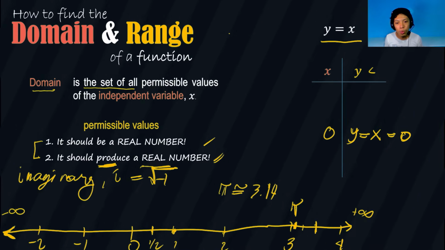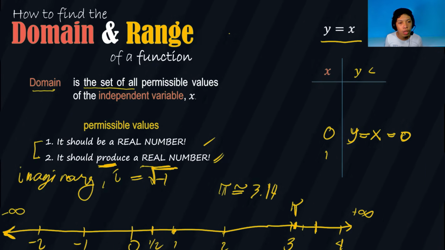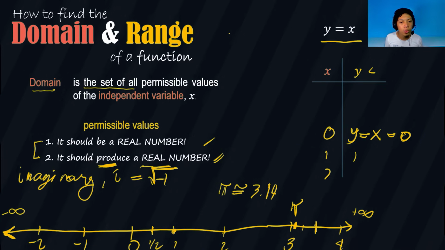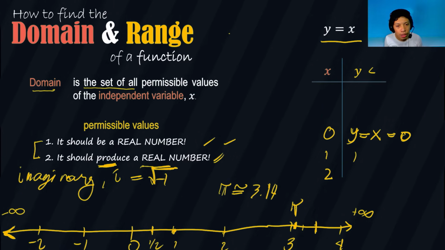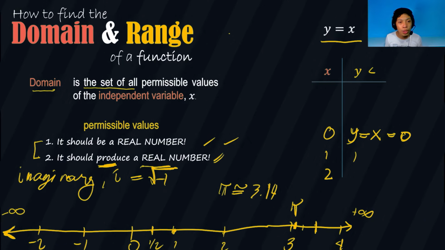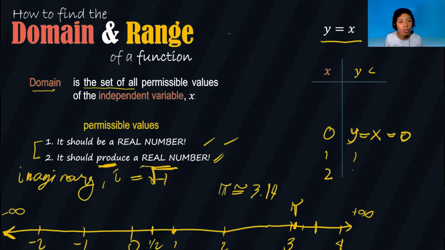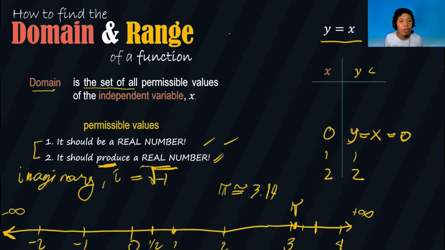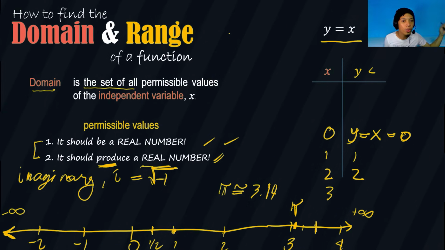So, you have to try again. How about 1? The resulting value of y is 1 also. Is 1 a real number? Yes, it's a real number, so you satisfy this criteria. Would it produce another real number when you substitute it to your equation? The resulting y is 2, right? So this 2 is a permissible value. Also 3, and so on and so forth.